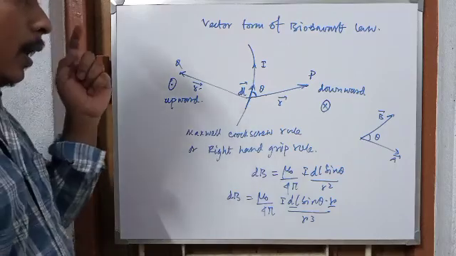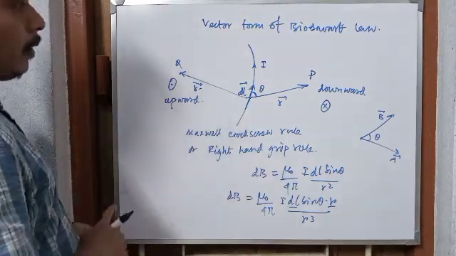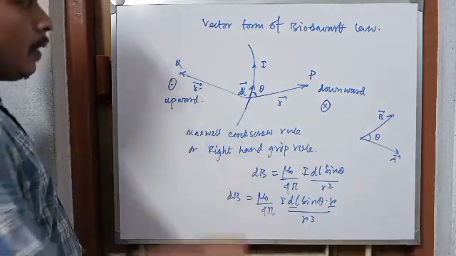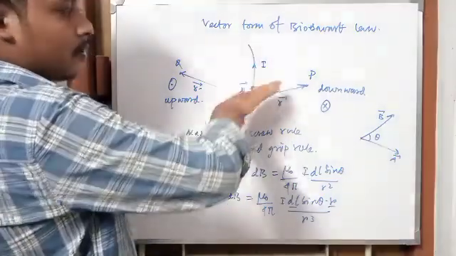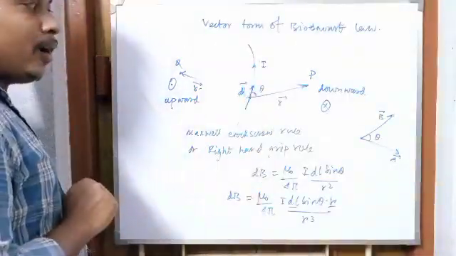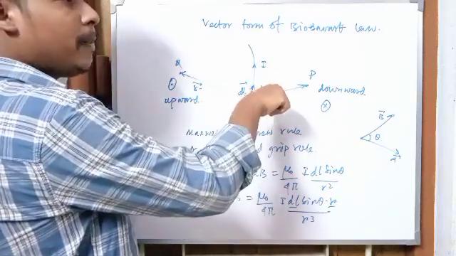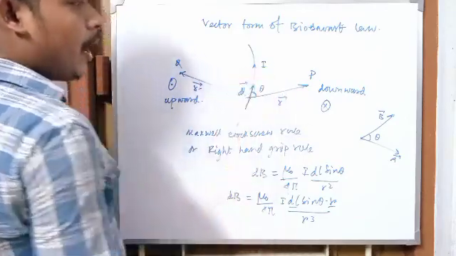But is it dl cross r or r cross dl, which is correct? We have to find the direction correctly, then we can say. Here dl cross r, with the right hand thumb rule applied, gives perpendicularly downward, but r cross dl gives perpendicularly upward.